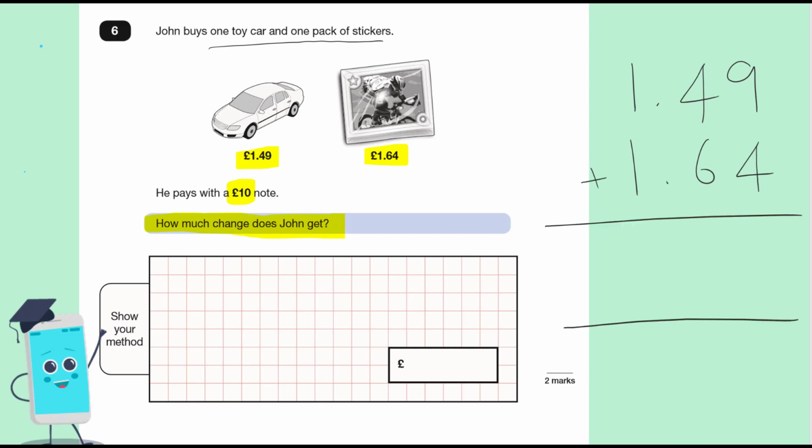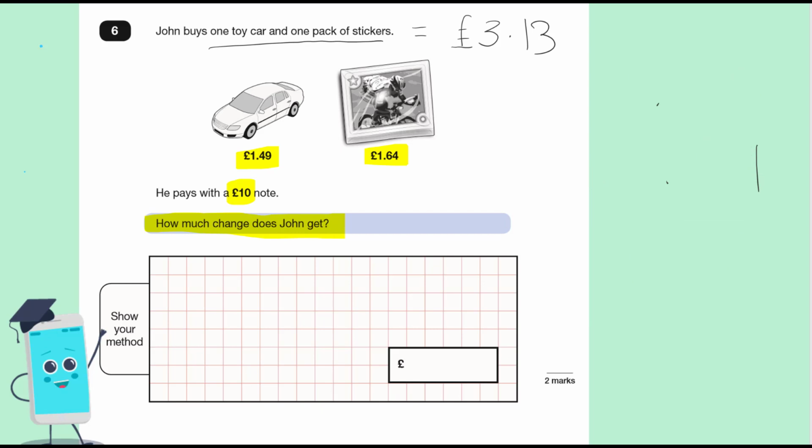So 9 and 4 is 13, 4 and 6 and 1 is 11, and 1 plus 1 plus 1 is 3. So £3.13, and what I might do here is put a bit of information here, £3.13. That's what the two items together cost.